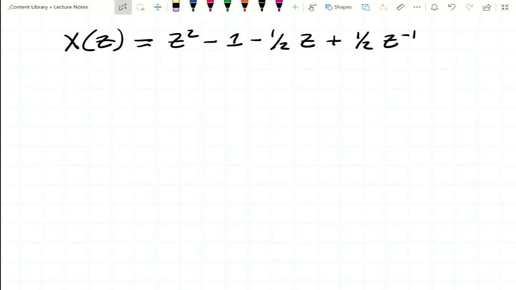So first we've got to rearrange just a smidge. Want everything kind of nice in order.